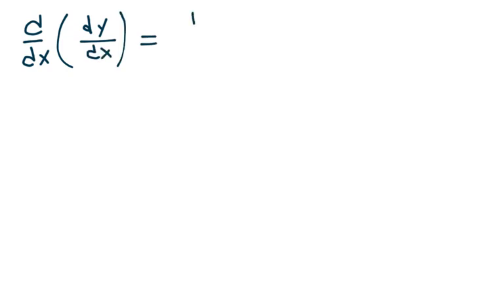So let's see, what would that look like? So we've got d dx of our dy dx. So we can write that as d dx of 1 over 1 minus 2e to the 2y. Oops, let me rewrite that, it's a little messy.